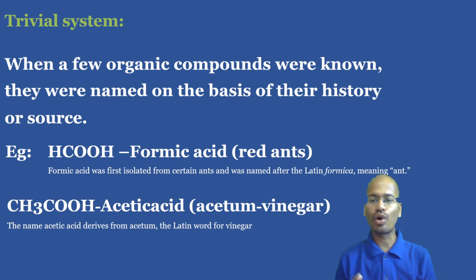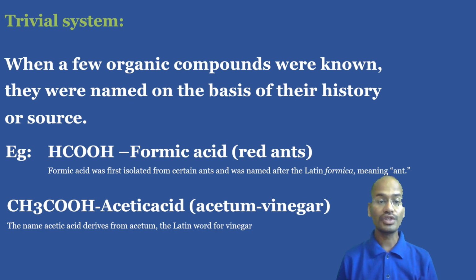As ants are called formica in Latin, that is the reason why the acid that was obtained from ants is called formic acid. And the acid obtained from vinegar is called acetic acid, because vinegar is called acetum in Latin. So this is about the trivial system of nomenclature for organic compounds.